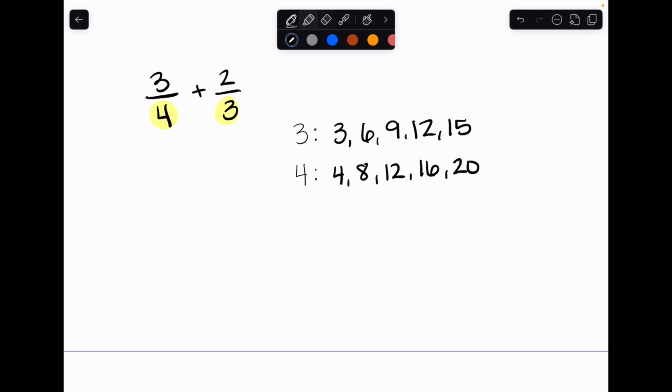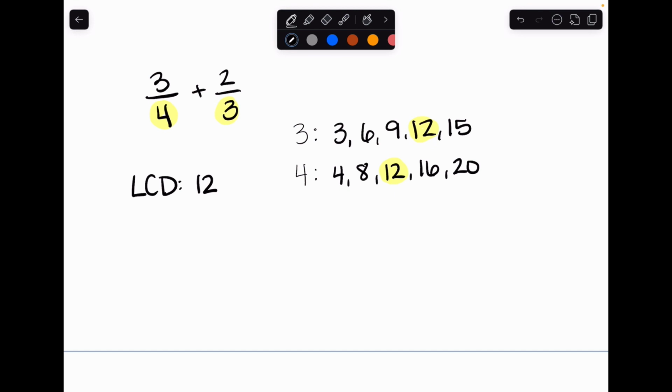Now that I've got a few of my multiples listed out, I can look for numbers that appear in both lists. For 3 and 4, I see a 12 and a 12. That is the smallest number in both lists that appears twice, so my LCD for this set of numbers would be 12.